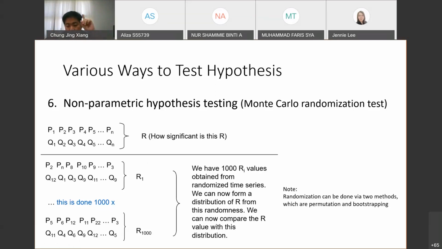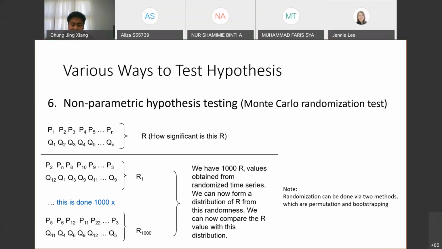The second time, you shuffle them again, shuffle the numbers for P and for Q, and calculate R. Now you get R2. Do it for the third time: shuffle P, shuffle Q, calculate R. You repeat this step 1,000 times. Eventually, you will get 1,000 R values.